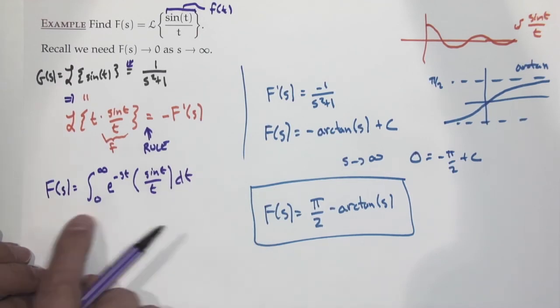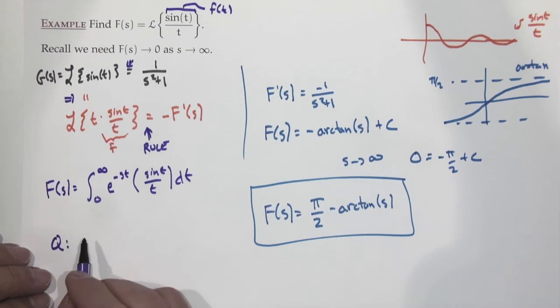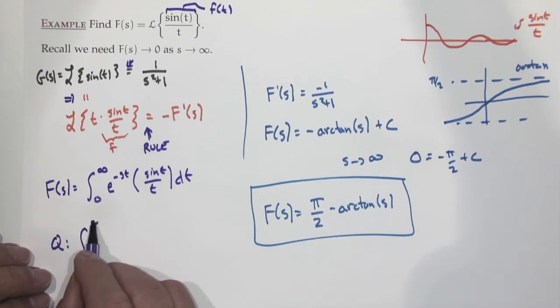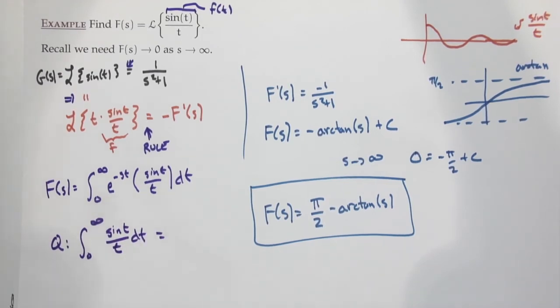That's the definition of the Laplace transform. So here's a question. What's the integral from 0 to infinity of sine of t over t? Have you ever thought about that? 0.